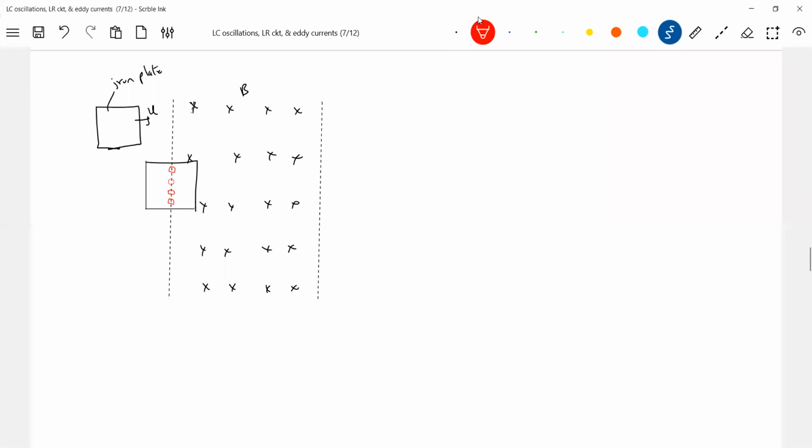B bar into the plane, flux negative, negative flux increases, d phi by dt negative, EMF induced positive. So how should that current flow? It should flow anti-clockwise. For that loop, you have to show it. I think it's not visible. I'll magnify the diagram. If you magnify the diagram, it will be like this.